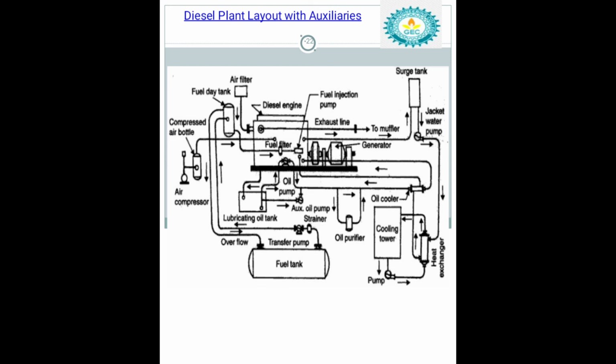So the output delivered is electrical energy. So this is the working of the diesel power plant.